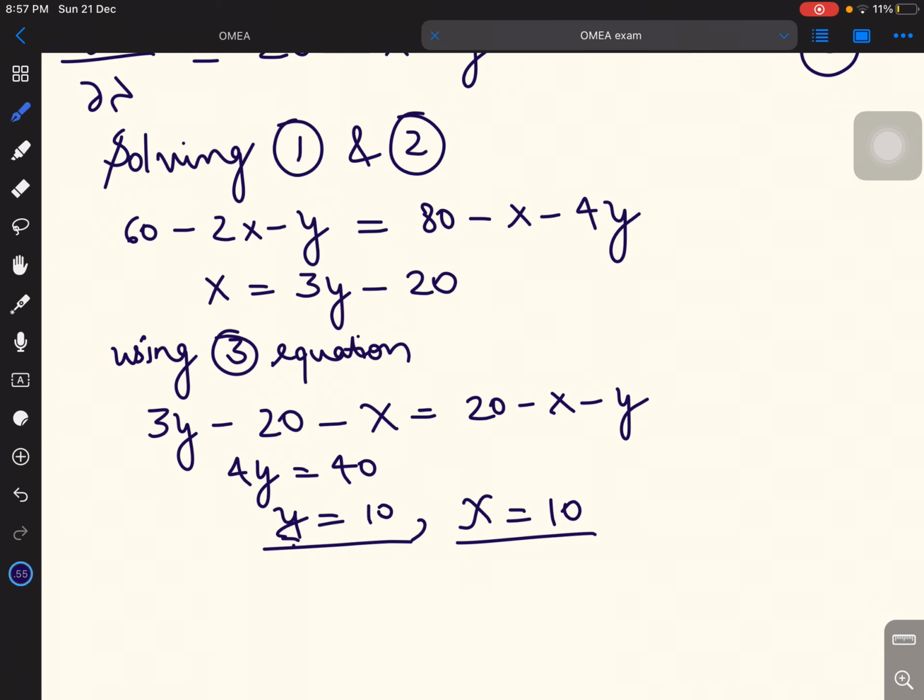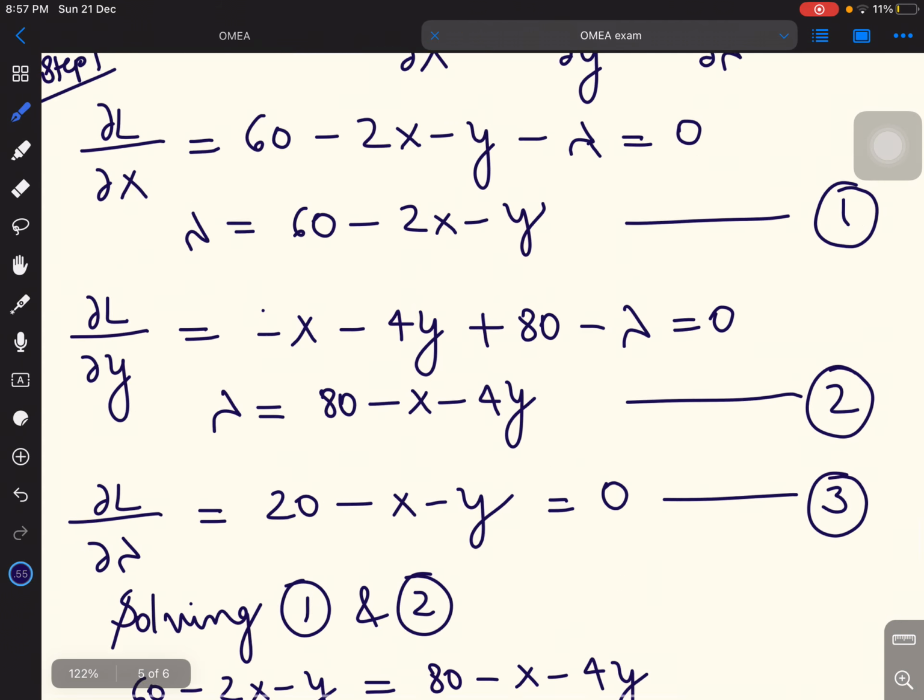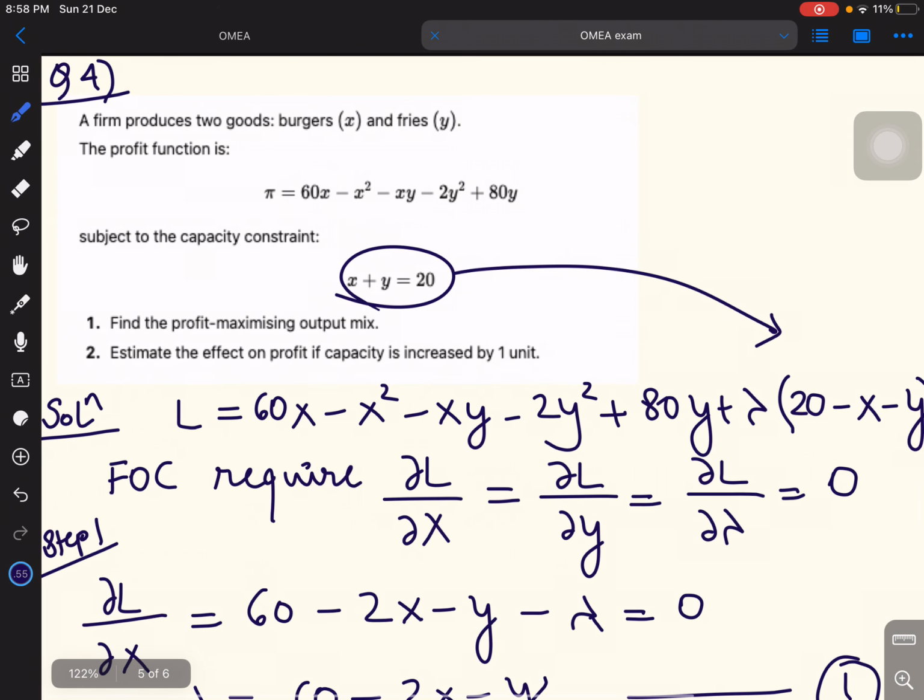So this is the solution to the first part, the profit maximizing output mix: x equal to 10 units and y equal to 10 units. Now for the second part, estimate the effect on profit if capacity is increased by 1 unit.